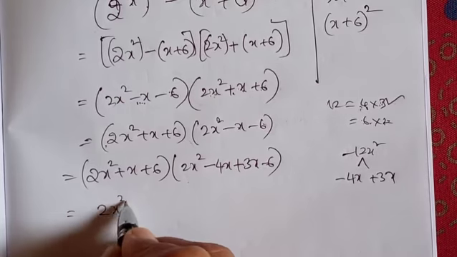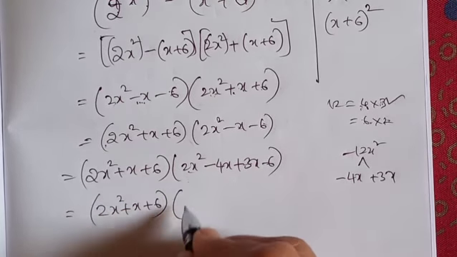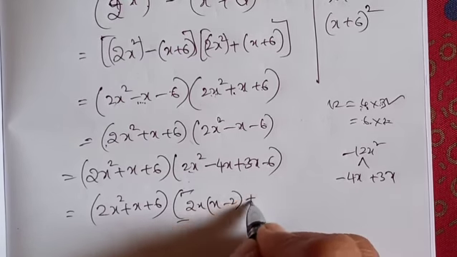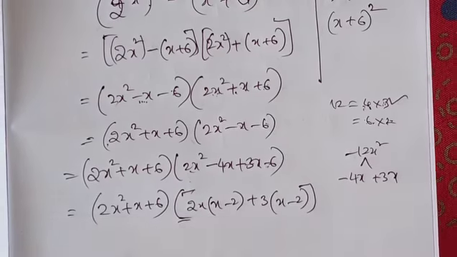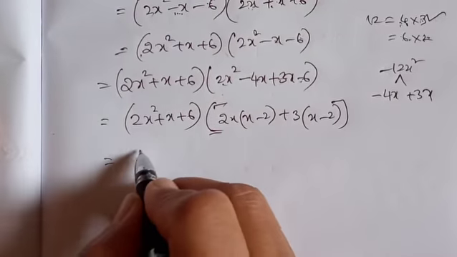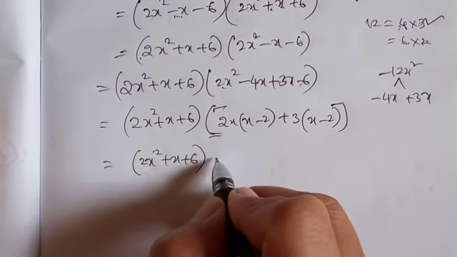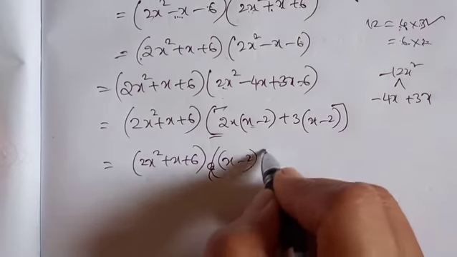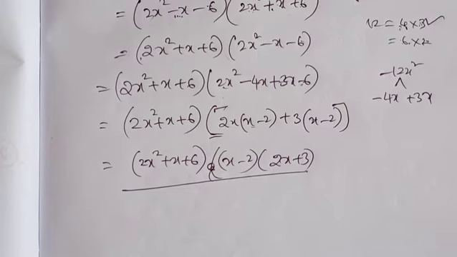From this 2x is common, x minus 2, and from this 3 is common, x minus 2. Now again 2x square plus x plus 6 as it is, and here x minus 2 is common, and the leftover is 2x plus 3. That's the answer. Got it, children?